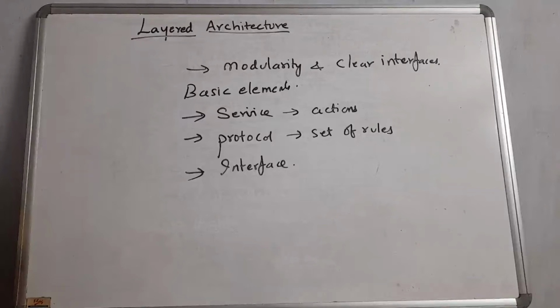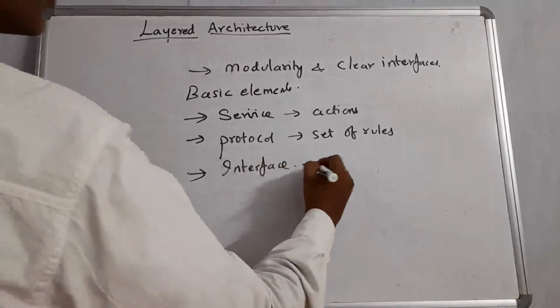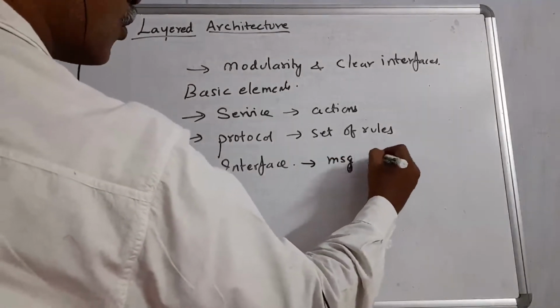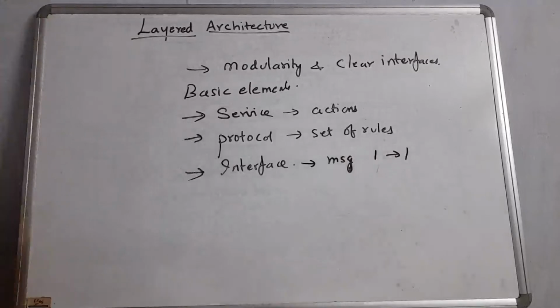The third one is very important: the interface. It is the way through which a message is transferred from one layer to another layer. These are the three basic components present in any layered architecture.